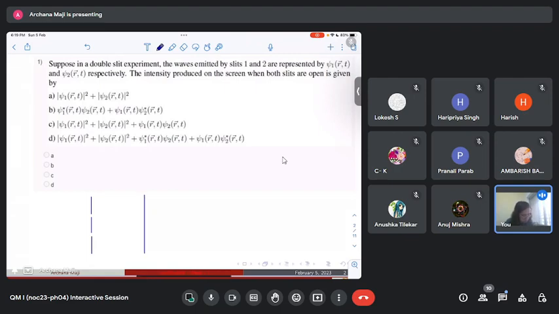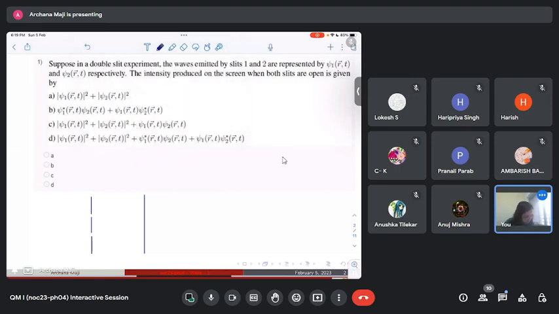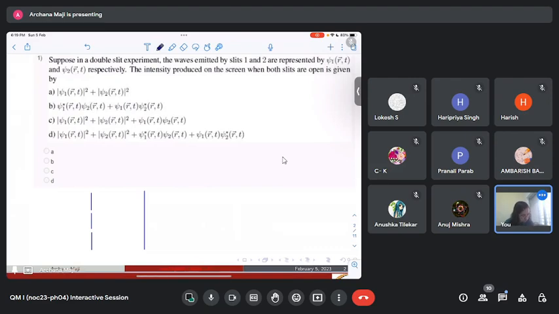If we are not doing any measurement close to these slits, or basically we are not trying to detect which slit the particle is going through, then we will get an interference pattern on this screen.